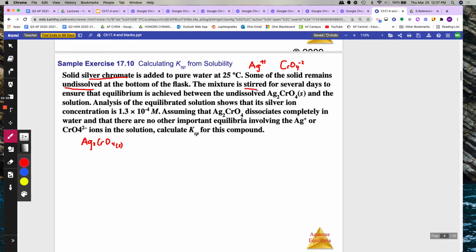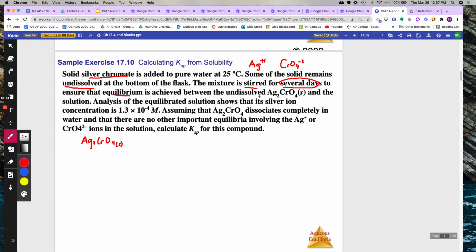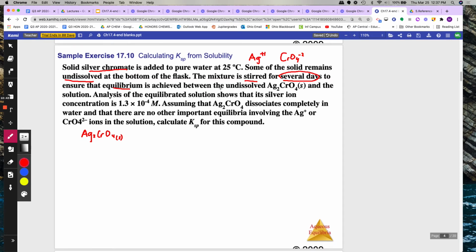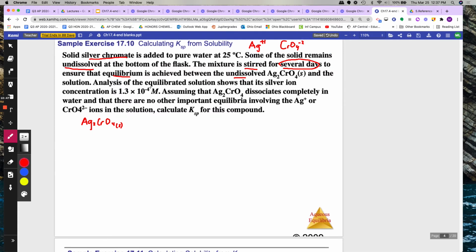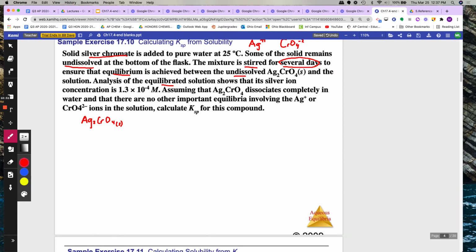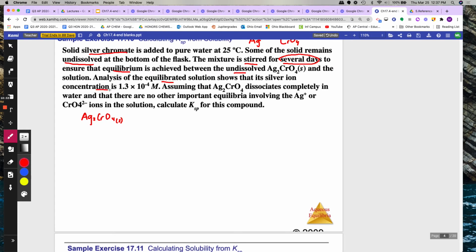The mixture is stirred for several days. That means they waited a long time, making sure they're at equilibrium, to achieve equilibrium between the undissolved and the dissolved. Analysis of the equilibrated solution shows that the silver ion concentration is 1.3 E-4. So we need an equation.